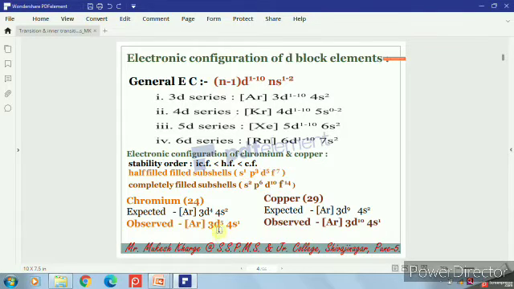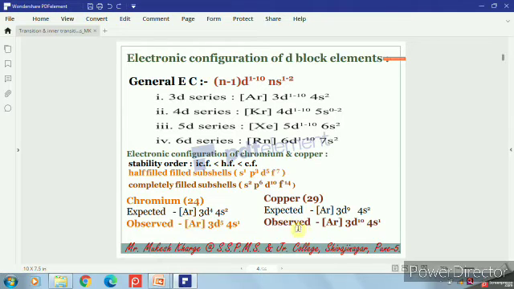Initially, as per our expectation, the 3d orbital is incompletely filled, and it gets converted into half filled, that is more stable. That's why chromium acquires the electronic configuration 3d5 4s1 and not 3d4 4s2. So this is the reason behind this electronic configuration.